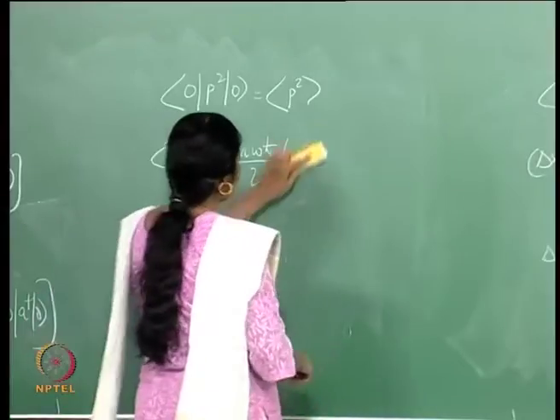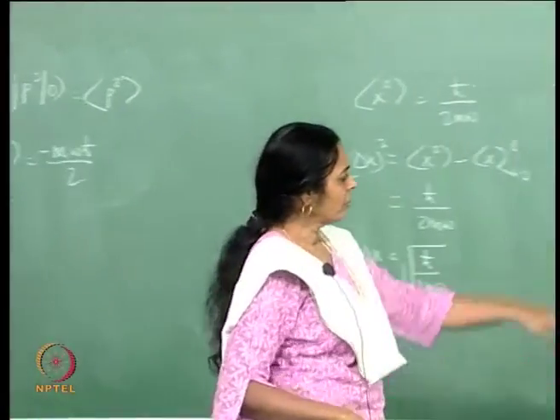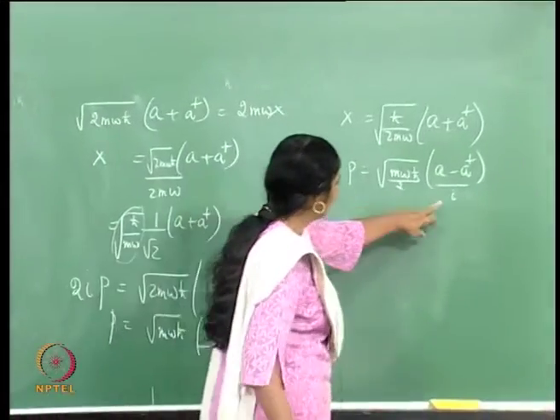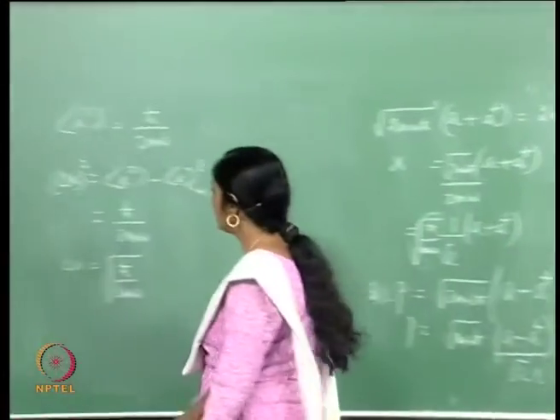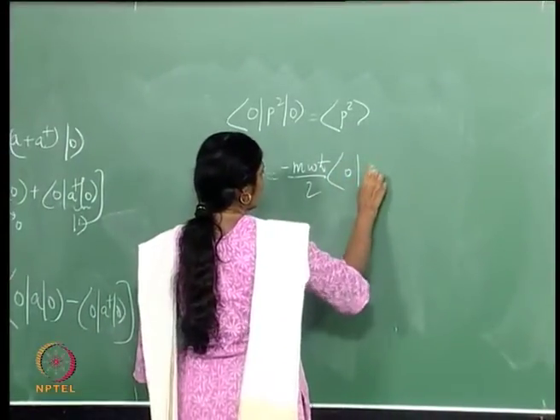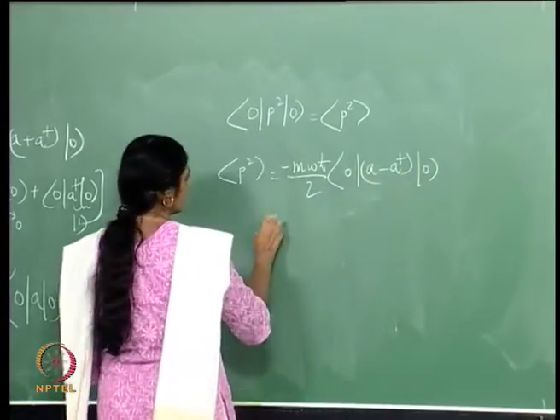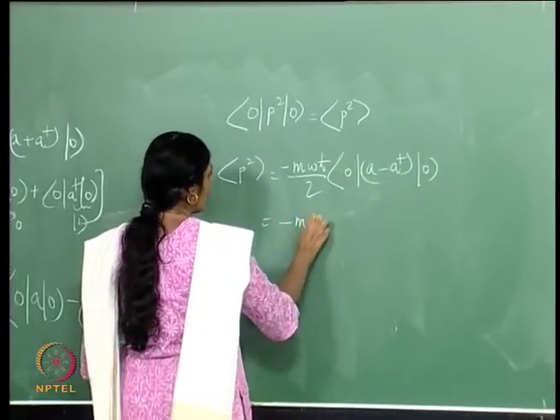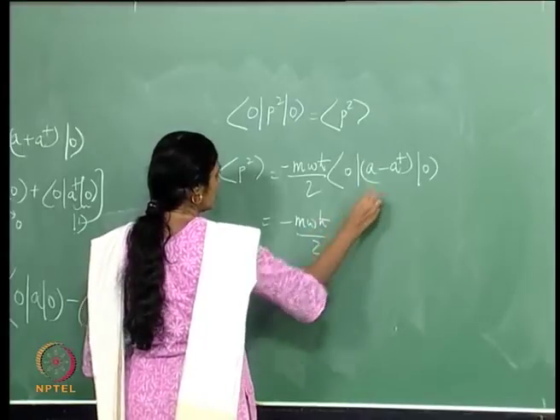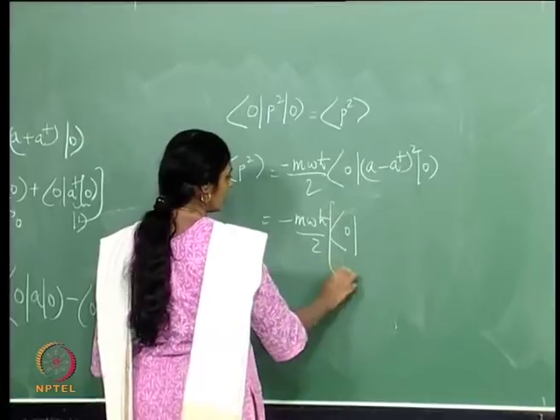there was an i squared which was a minus 1 from here, which is what I put there, and I have an a minus a dagger, which is minus m omega h cross by 2 the whole squared, because I am looking at p squared.